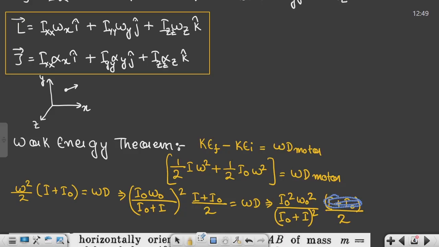This I plus I naught and this square will get cancelled. So if I bring this 2 out here, I'll get my answer, or work done by motor is nothing but this one. Understood? So this is the first part of the question.